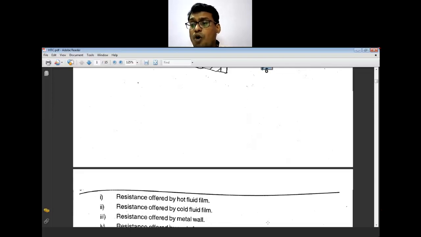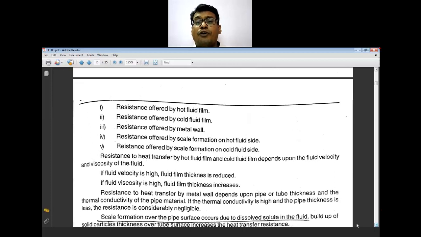So these are all your resistances: the resistance offered by the hot fluid film, the resistance offered by the cold fluid film, and the resistance offered by the metal wall. These are the 3 resistances that are known.